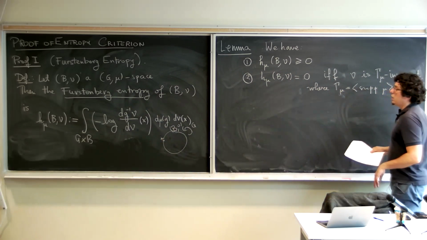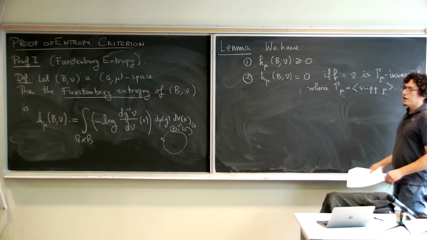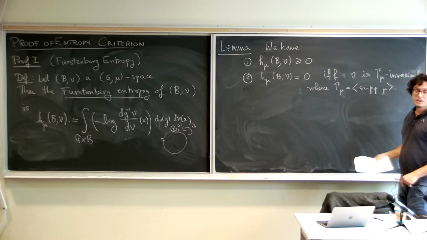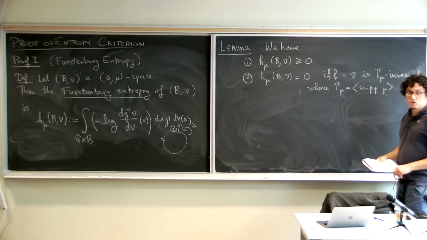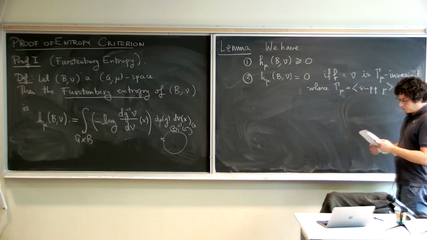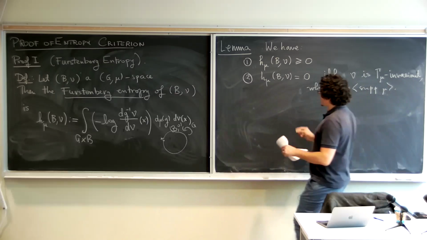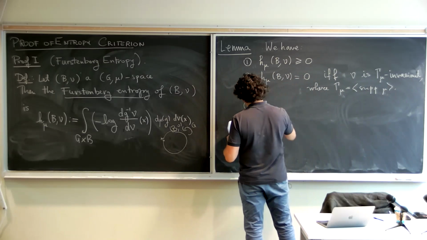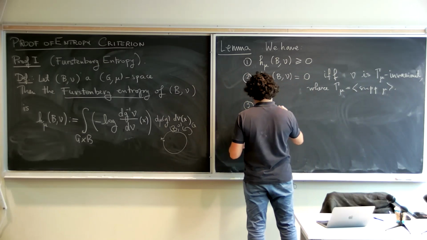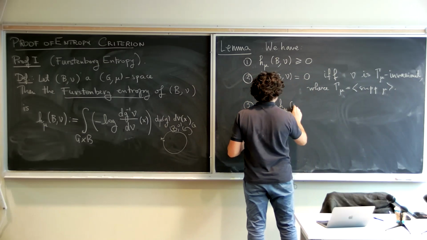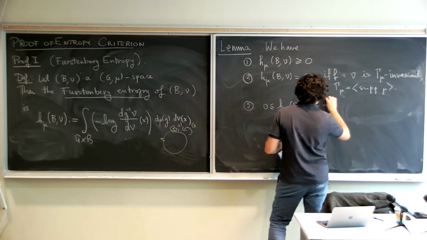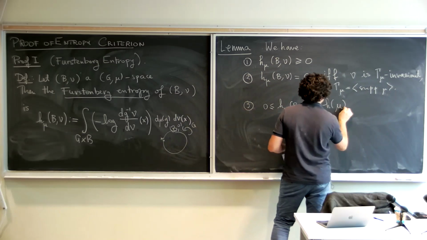Otherwise you get a number which turns out to be bigger than 0. And there's also a third thing, which is that 0 is less than or equal to this one, which is less than or equal to the asymptotic entropy.